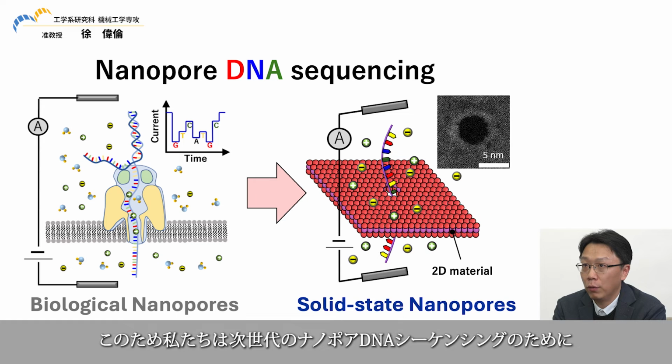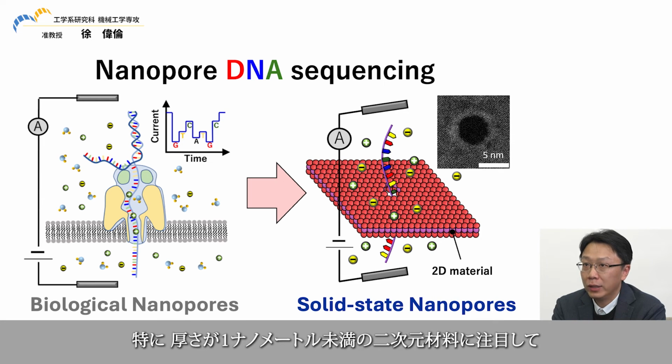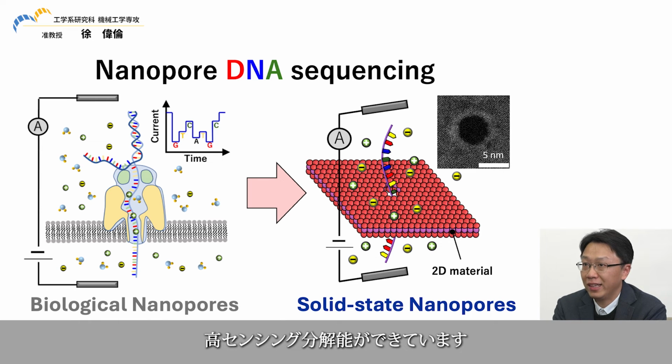On this account, we work on solid-state materials for the next generation of nanopore DNA sequencing. Particularly, we put our emphasis on two-dimensional materials with a thickness less than 1 nanometer to achieve ultra-high sensing resolution.